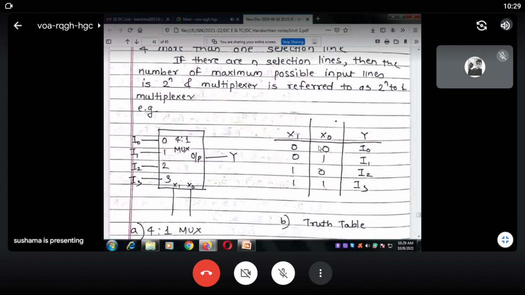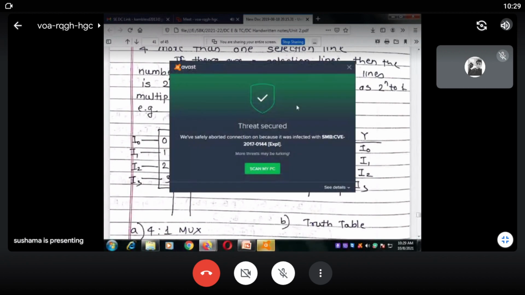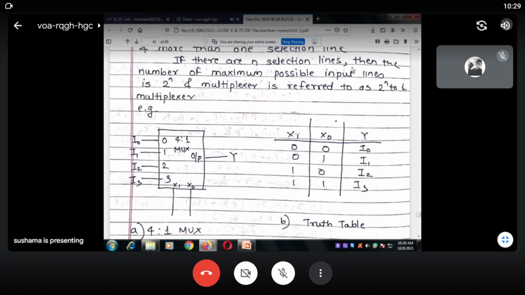Now see, this is about the 4:1 mux. The 1 is indicating the output, and 4 indicates the number of input lines. Now tell me, what will be the selection lines for this?